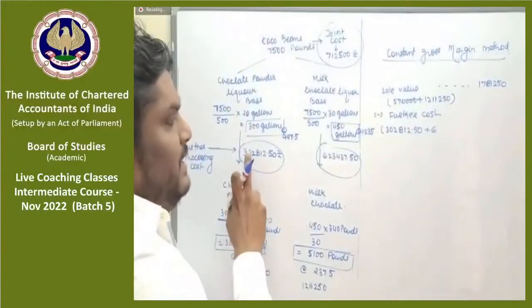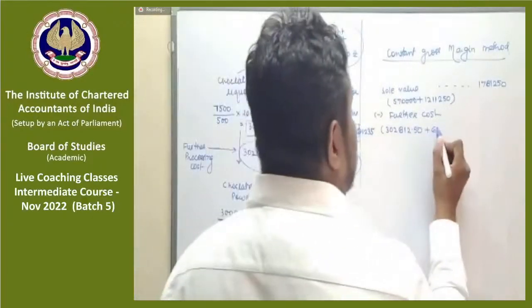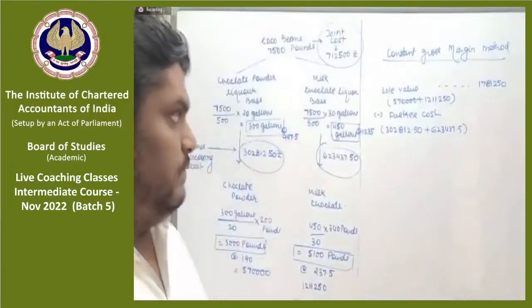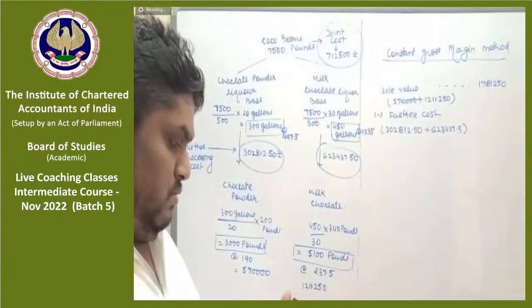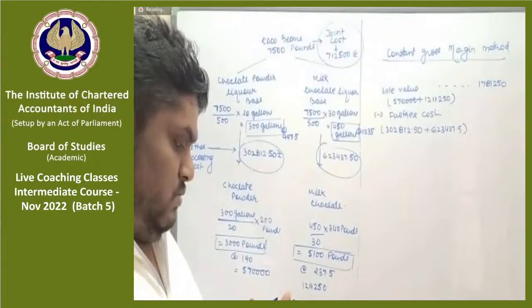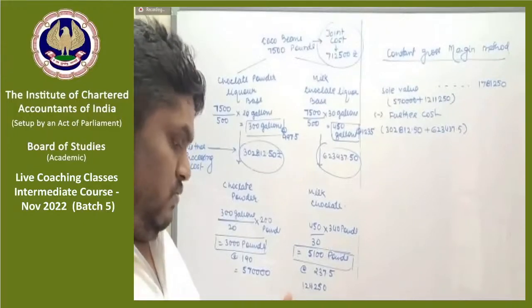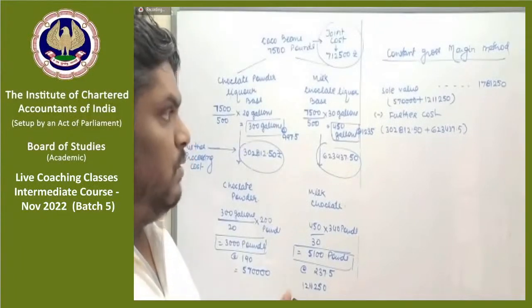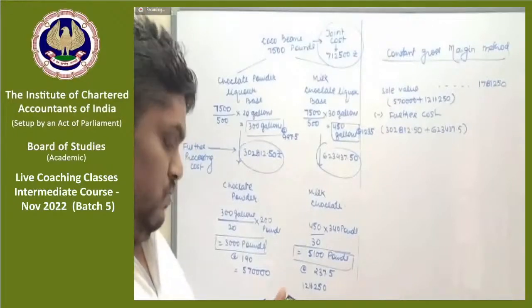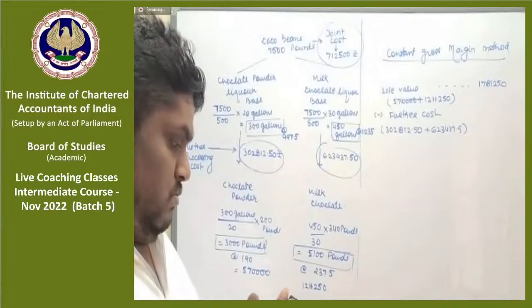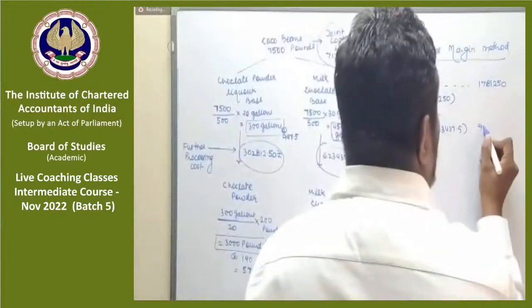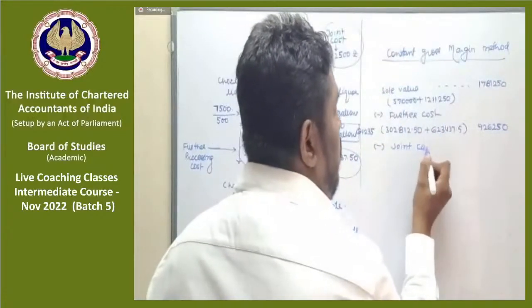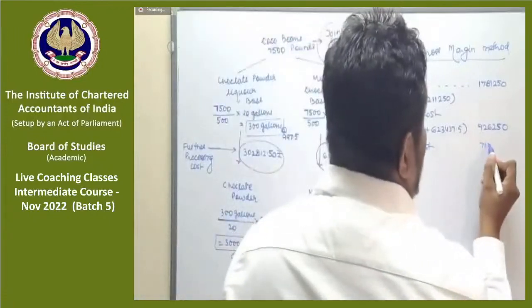So the total cost that is incurred is 3,02,812.50 plus 623,437.5, minus the joint cost, that is 7,12,500.